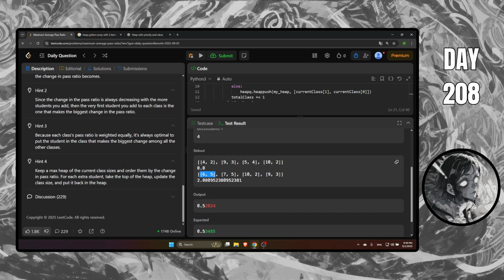I can do a max heap of what's gonna be if I add the number, like doing 3 divided by 4, 5 minus 2 divided by 4, and use this to calculate.